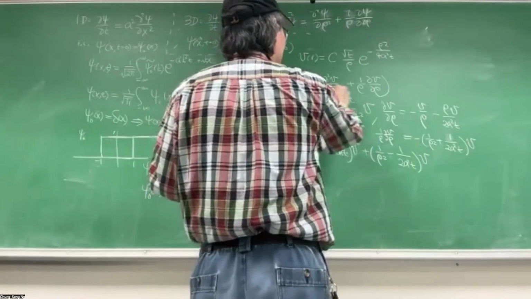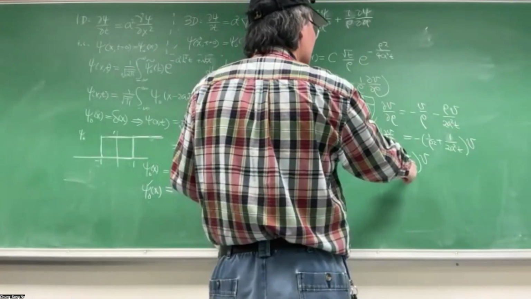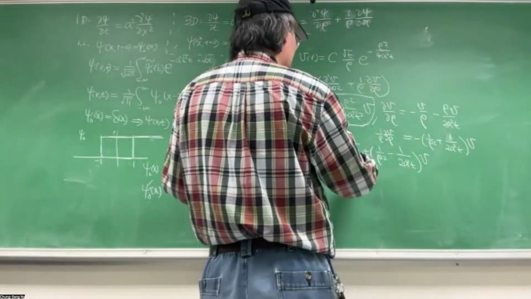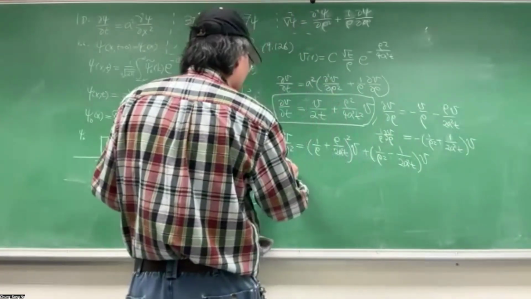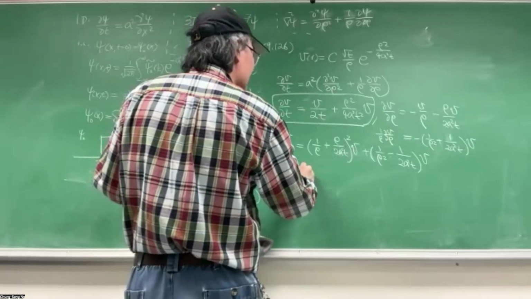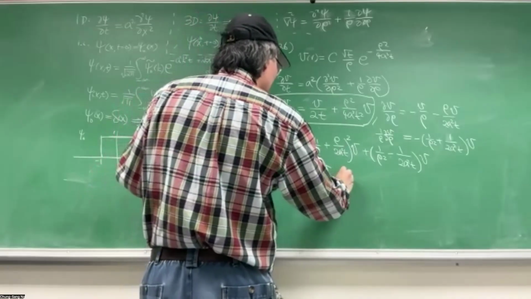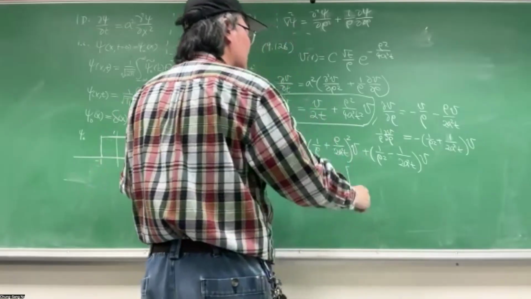Because now when you add that, you just write another line. Partial squared v partial rho squared plus 1 over rho partial v partial rho equals to, there's lots of factors.